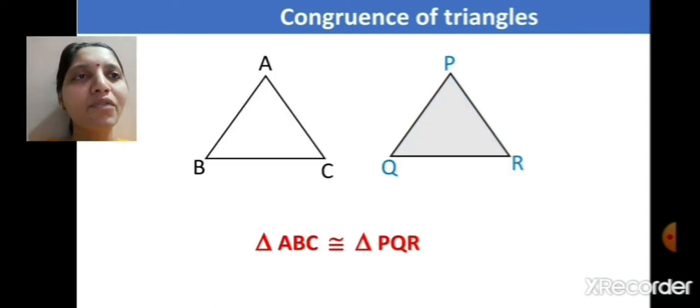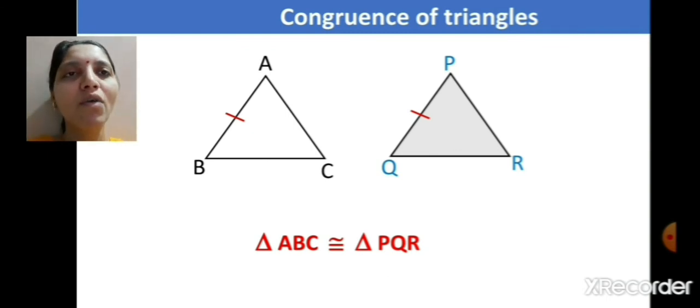After that we have seen that to show the congruency between any two triangles, we have to show that the corresponding sides and corresponding angles of these two triangles are congruent. Therefore, in triangle ABC and triangle PQR, first we have to find the correspondence.